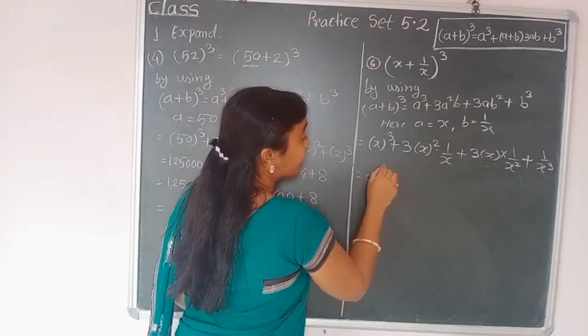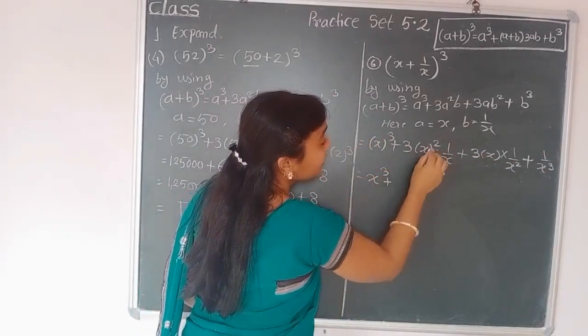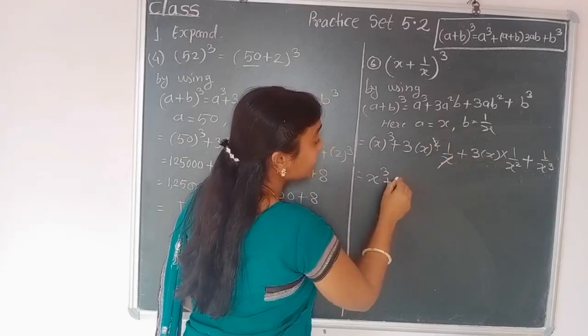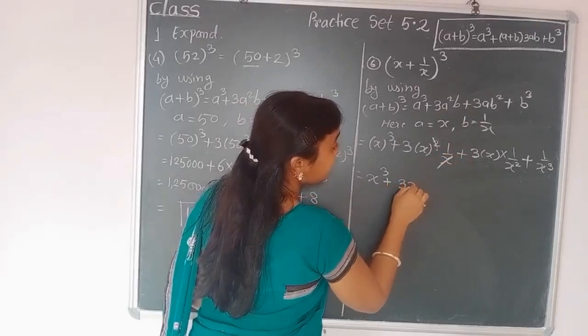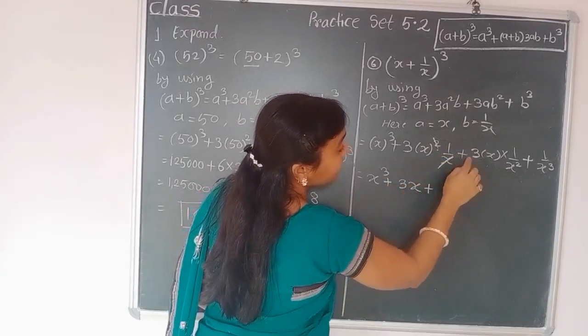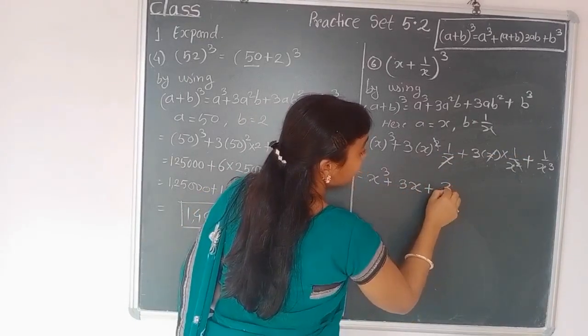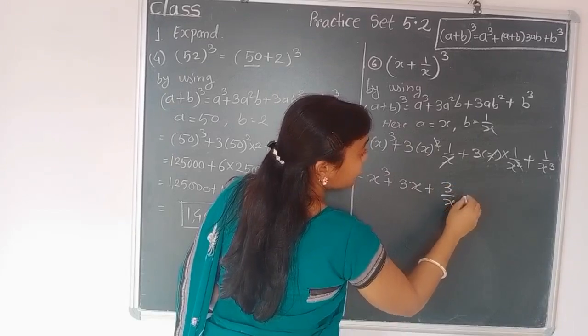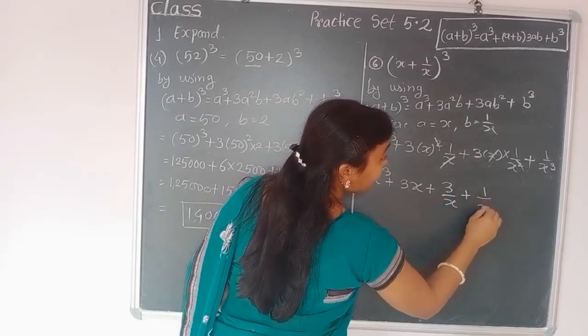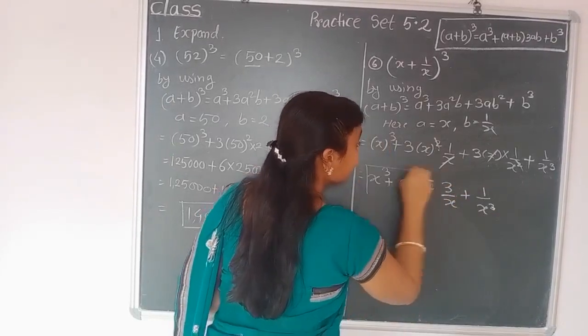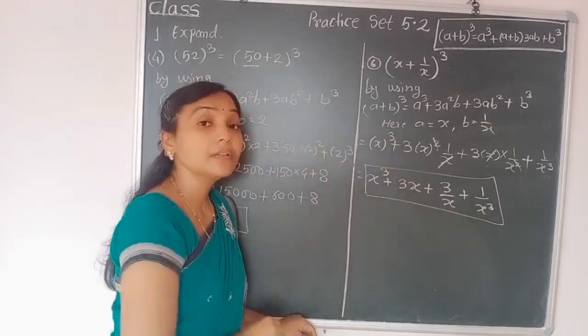So we write x cube plus 3x, and x cancels. So here is 3x plus again, 3 by x plus 1 by x cube. This is the expansion of the given bracket.